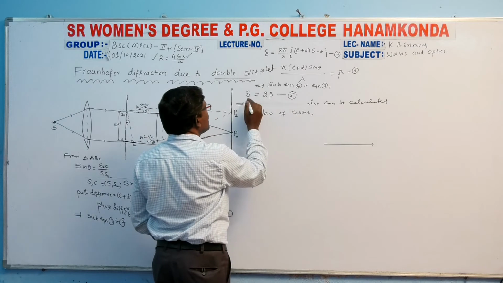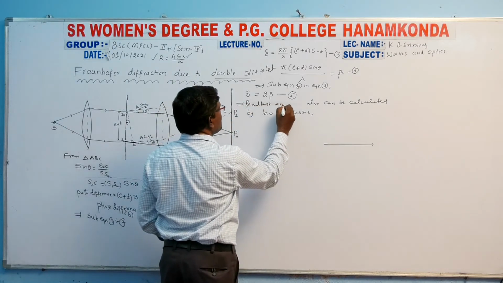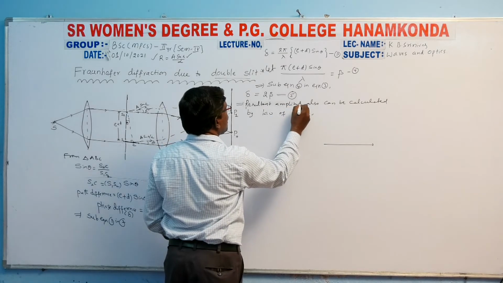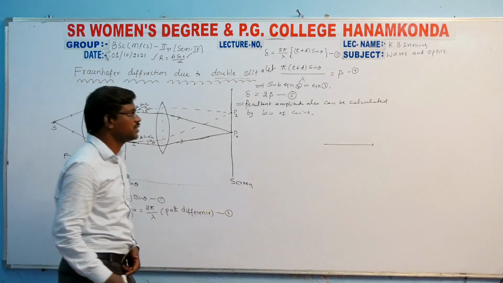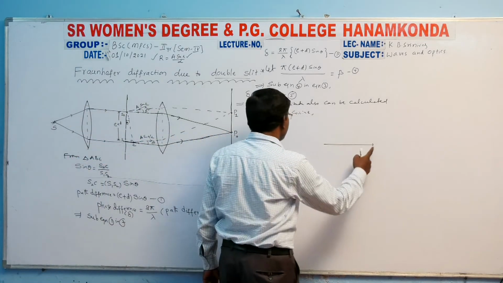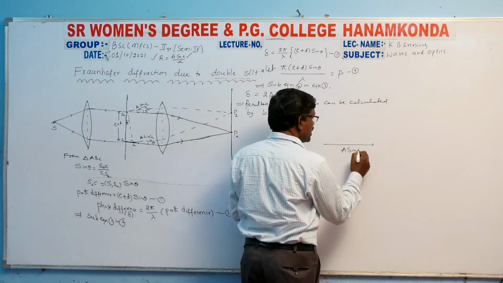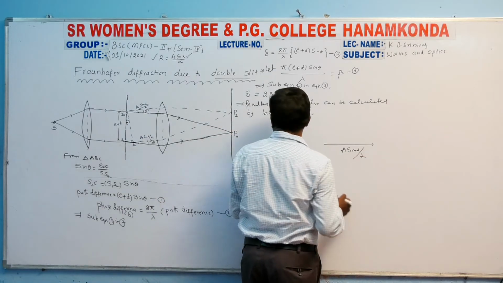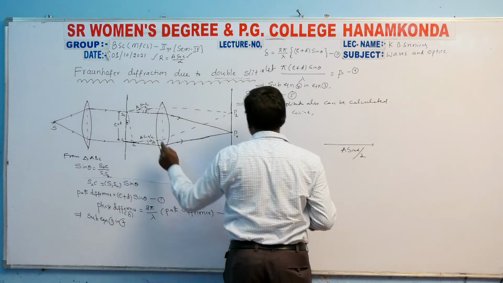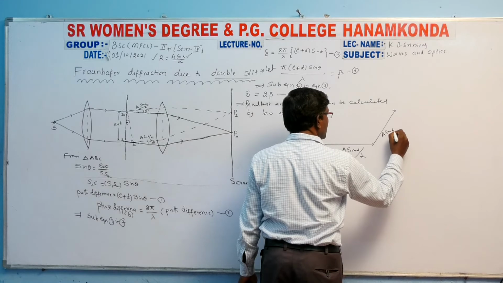This I am writing like: the resultant amplitude also can be calculated by using law of cosine. What is law of cosine? This is one wave, which I am representing as A sin alpha by alpha. This is another wave. What is the amplitude of the second wave? That is A sin alpha by alpha.